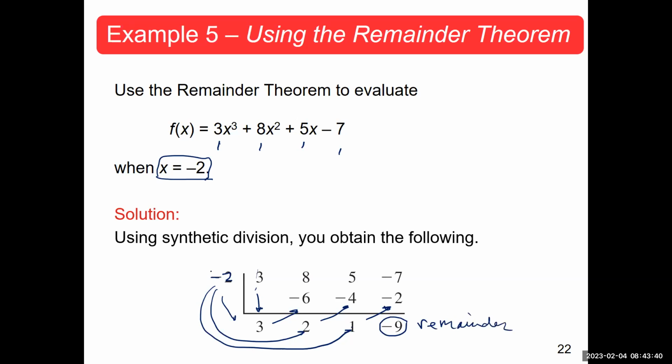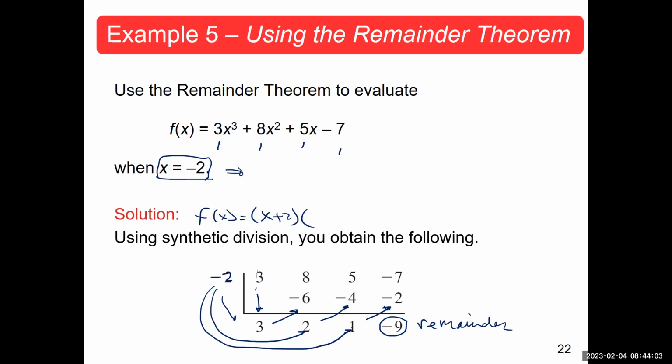So what should the answer be in here? f(x) equals, because this is x minus 2, I can convert it to x plus 2. This becomes (x plus 2) multiplied by Q(x).